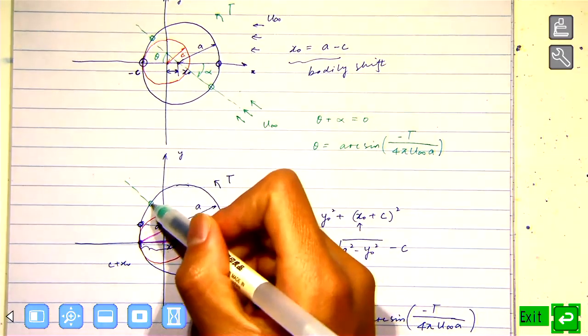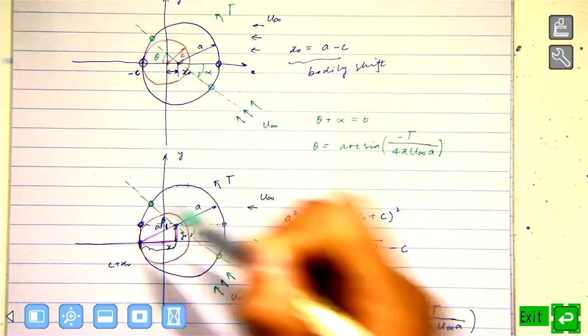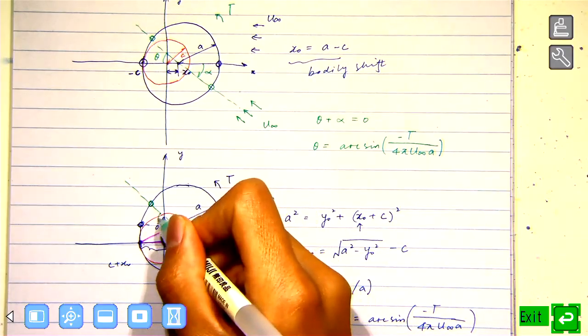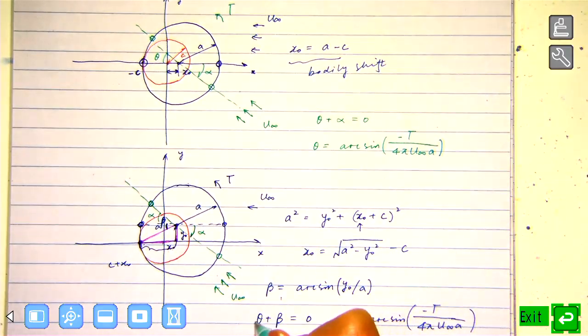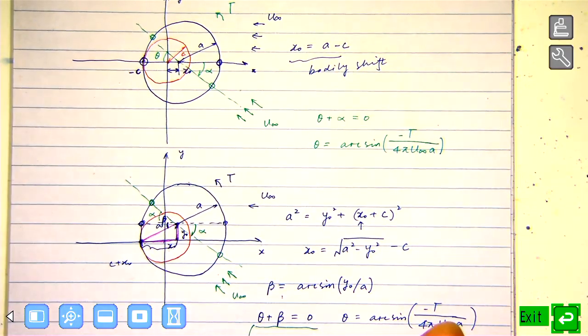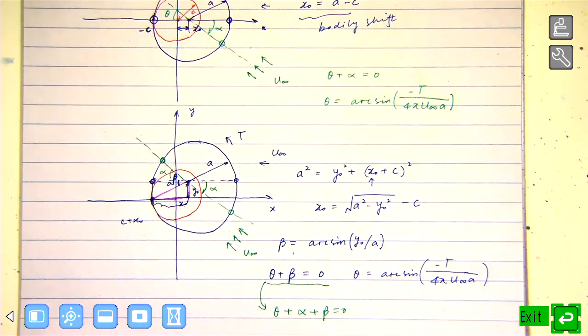So we want to move this point back to here instead of this point back to here. So this time, since I know this is alpha as well, this relation will just be changed into theta plus alpha plus beta equals 0. Okay? And then everything else should just follow after that.